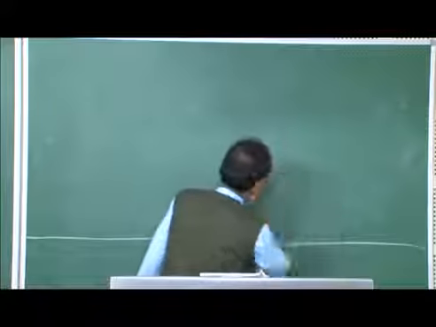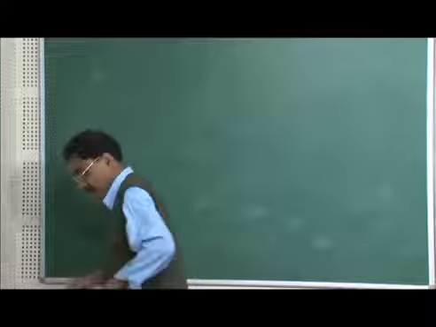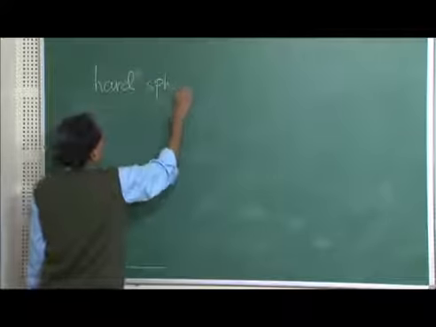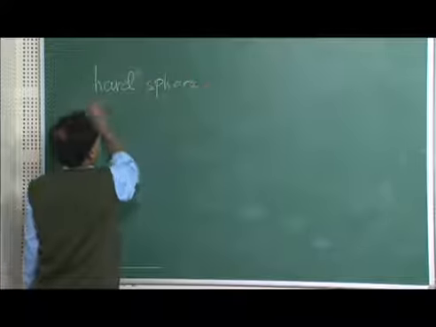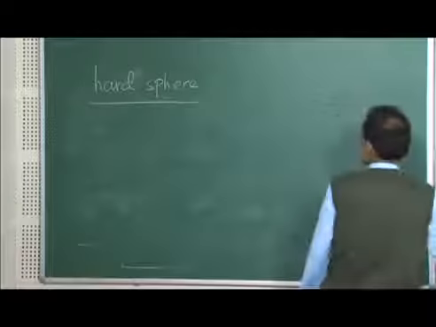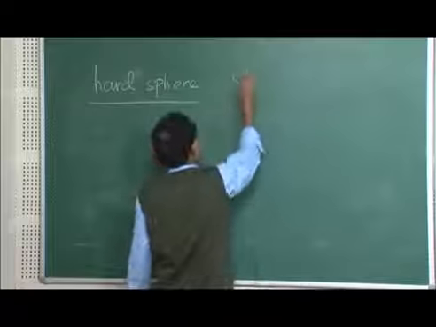So, they can penetrate in some sense, but let us not go into this. So, first I will consider an interaction which is hard sphere interaction. That means they cannot penetrate into each other. This is a strong repulsion.